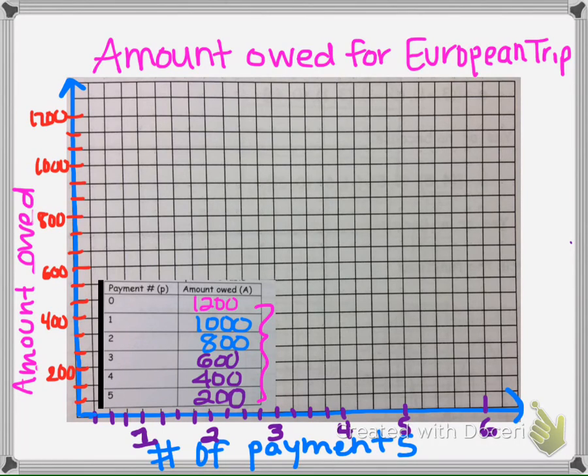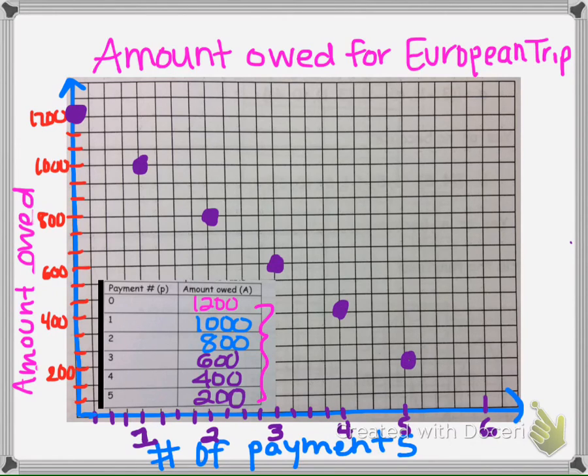So we're going to start here at 1,200. That's how much she owes. And then after 1 payment, she owes 1,000. After 2 payments, she owes 800. After 3 payments, she owes 600. After 4 payments, she owes 400. And after 5 payments, she owes 200.